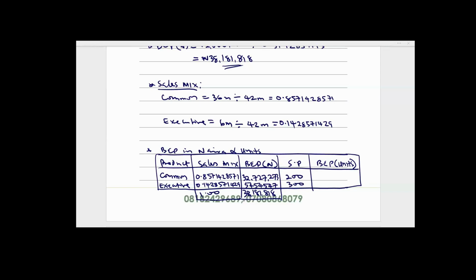Let me redo that one for the last time. 0.857142857 multiplied by 38,181,818 equals 32,727,272.